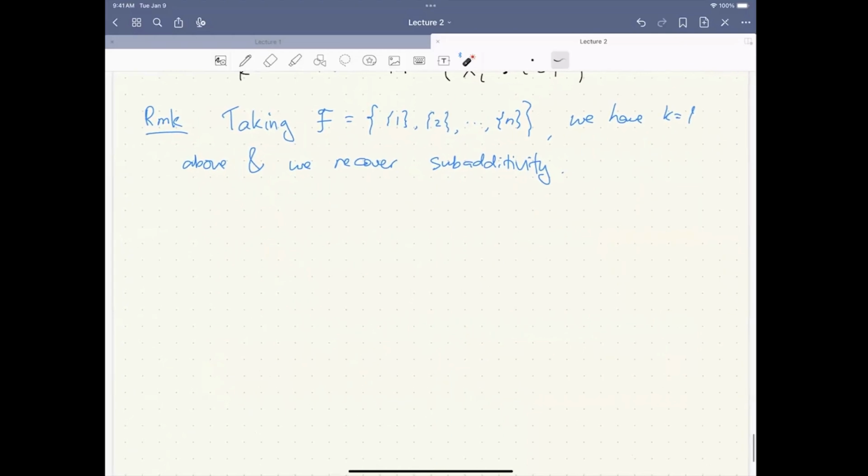I'll leave it as an exercise for you to prove that these two versions are equivalent. It's not hard. Shearer's lemma, probabilistic version.